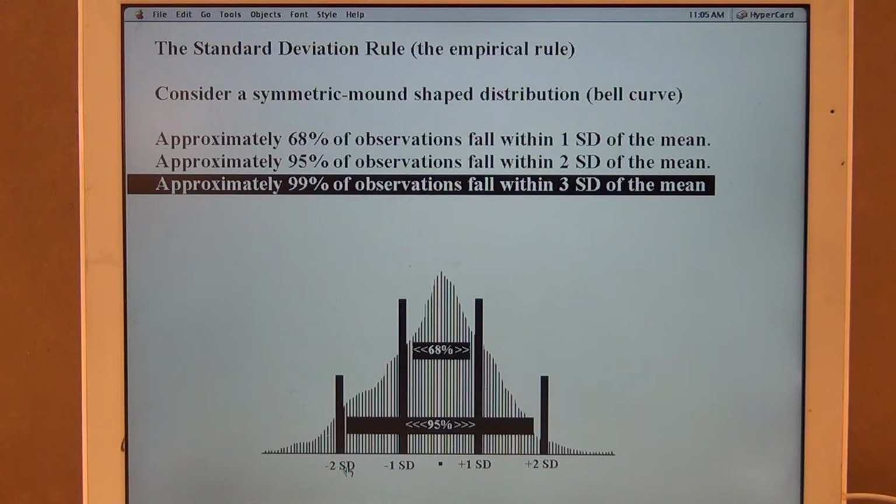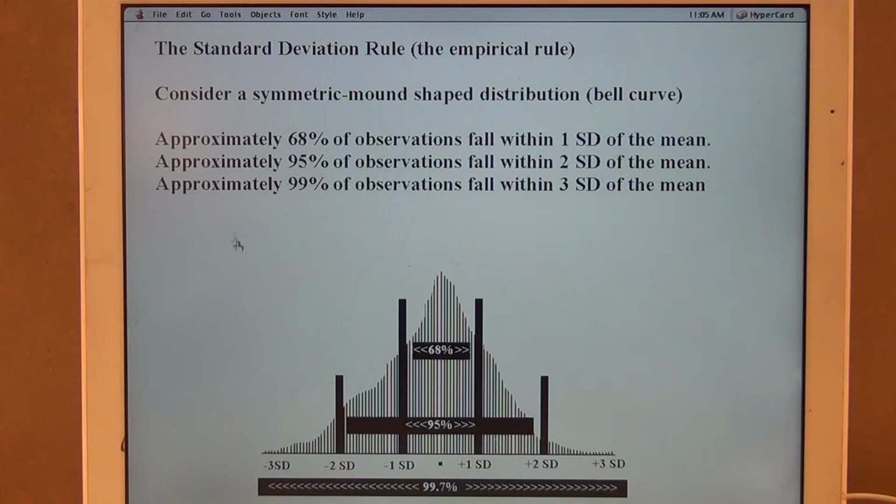So almost the entire distribution will fall within plus or minus 2 standard deviations. And approximately 99% of the data points in the distribution will fall between plus 3 standard deviations and minus 3 standard deviations from the mean.